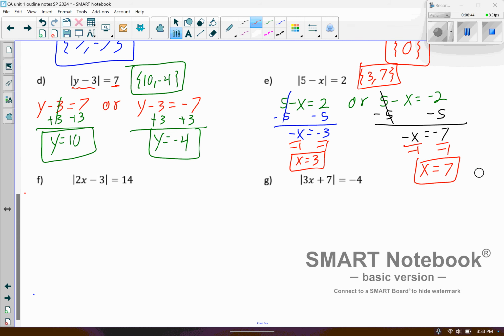As we continue, the examples just get a little bit messier with the algebra, but really it's nothing we haven't done before. So let's take this expression, 2x minus 3, and set it equal to 14, or 2x minus 3 could equal negative 14. Then we solve each one of these.